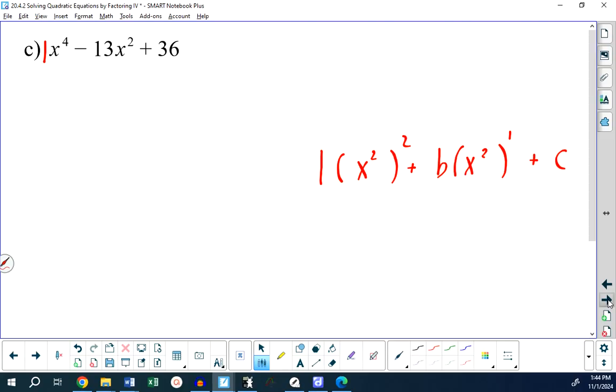This is quadratic in x squared. What really makes this quadratic, listen everybody, is not that the first term is squared and the second is to the 1. It's that the first term has a variable that's raised to an even number.